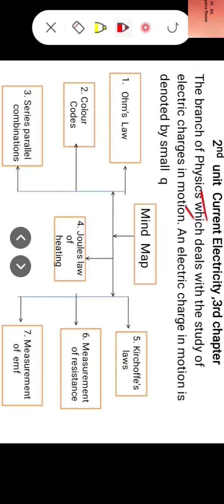First topic is Ohm's law, second is color codes, third is series parallel combination of resistances, fourth is Joule's law of heating, fifth is Kirchhoff's laws, sixth is measurement of resistance, where we are going to study about Wheatstone bridge and meter bridge, and seventh is measurement of EMF, where we are going to study about the EMF equation of a cell and measurement of its EMF with the help of a potentiometer, etc.